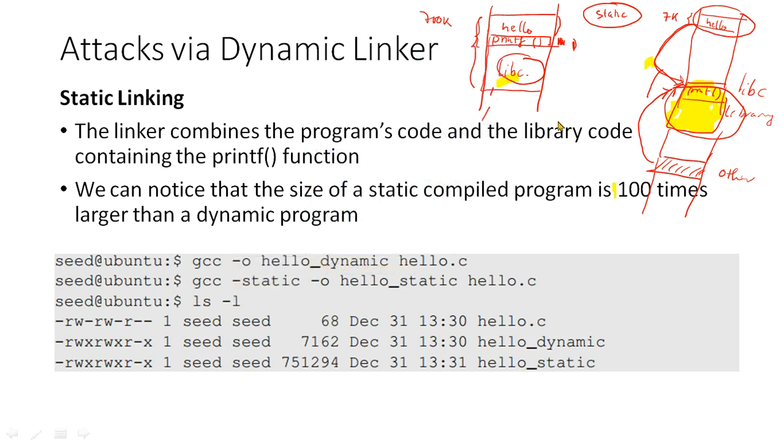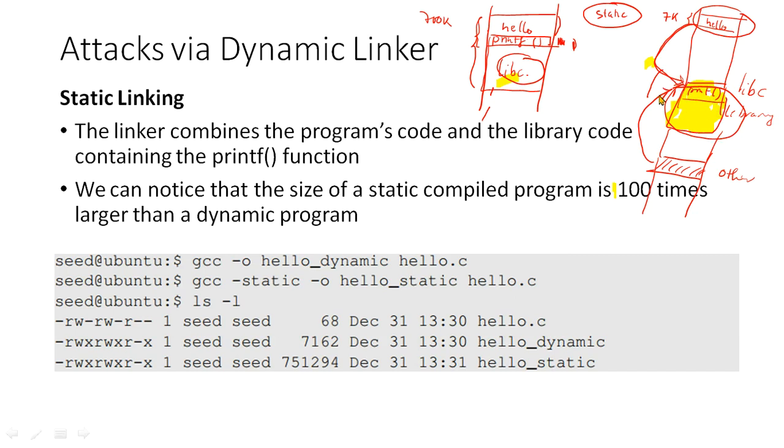In the situation of static linking, if we have multiple programs running, then we have multiple copies of the libc library in memory, and that is really a waste of memory, right? We have a lot of copies of the same thing. But with dynamic linking, the library is loaded only once into memory, and any program that wants to use its functions should make a call to the function of this library, and there is only one copy.